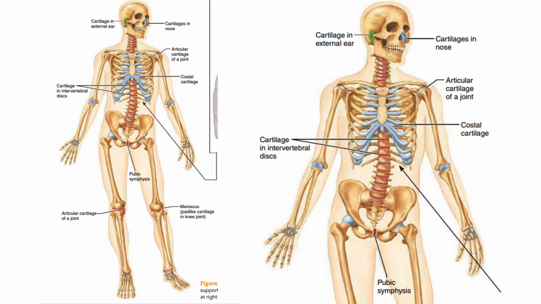The fibrous cartilage is fibrous tissue, which is very strong, and therefore it will be used for tying two bones together. So in our symphysis pubis, which ties the right pelvic bone and the left pelvic bone, we want to use this fibrous cartilage.